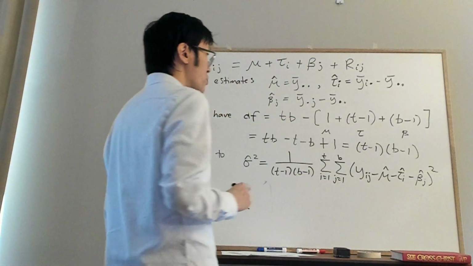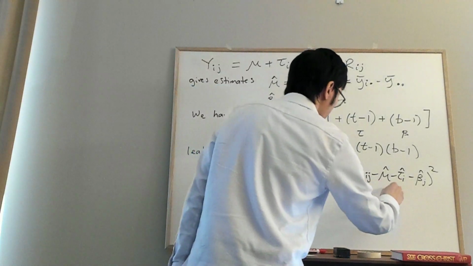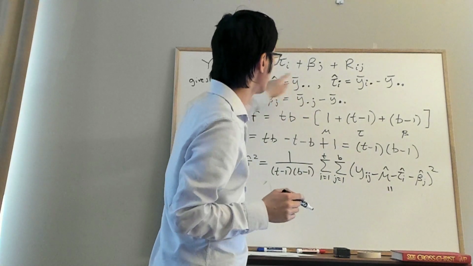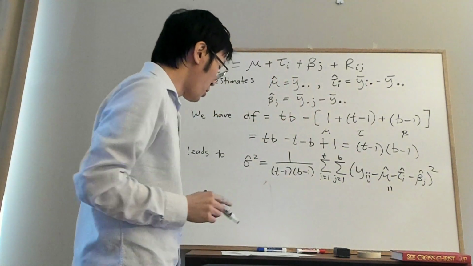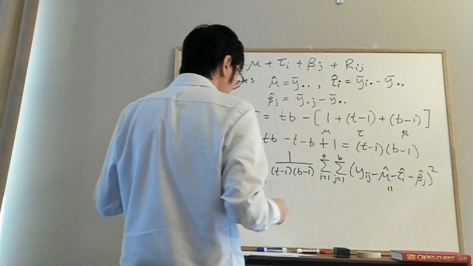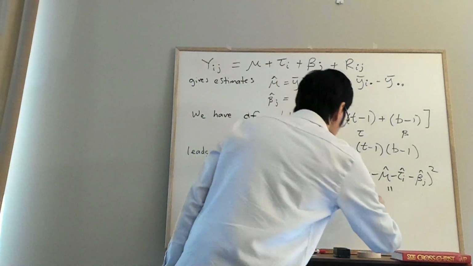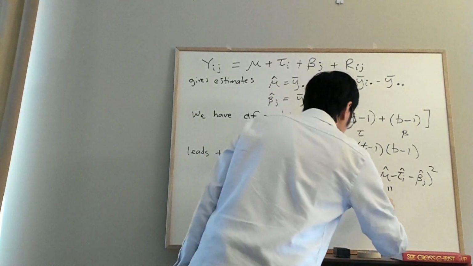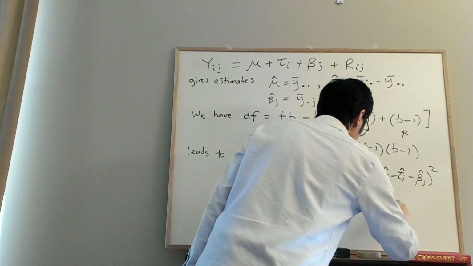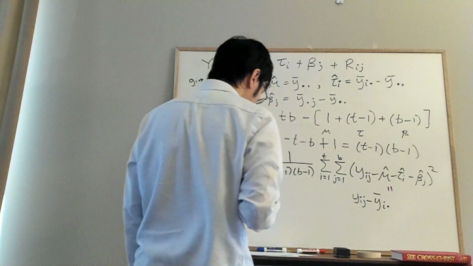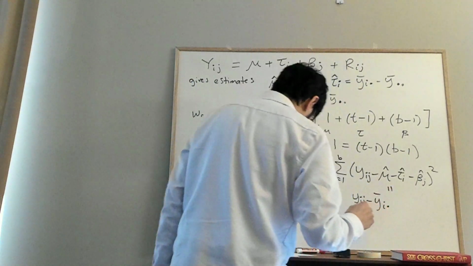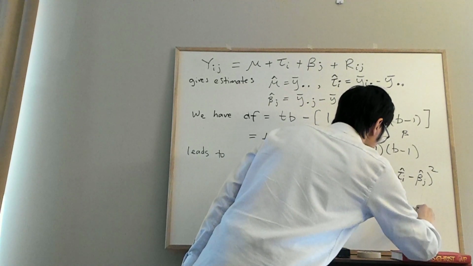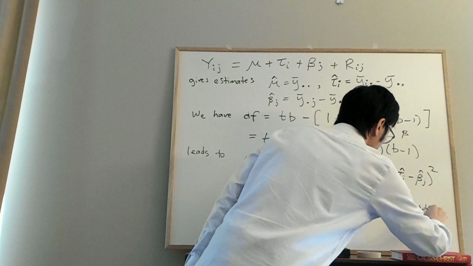And so this part, if we plug in these estimates for mu, tau i, and beta j, we can simplify this down to a rather symmetric looking expression. You can verify later that this simplifies to y_ij minus the treatment mean, minus the block mean, y bar dot j, and then plus the overall mean.